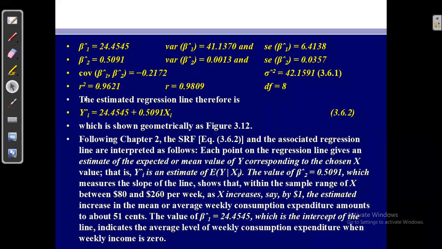And the R square that we got over there was 0.9621. As you can see here, this number that we call R square, the coefficient of determination, is between 0 and 1. It is very much closer to 1.